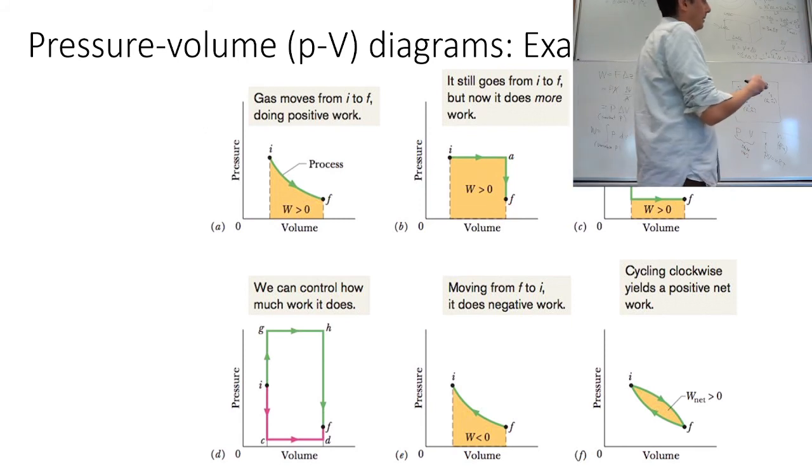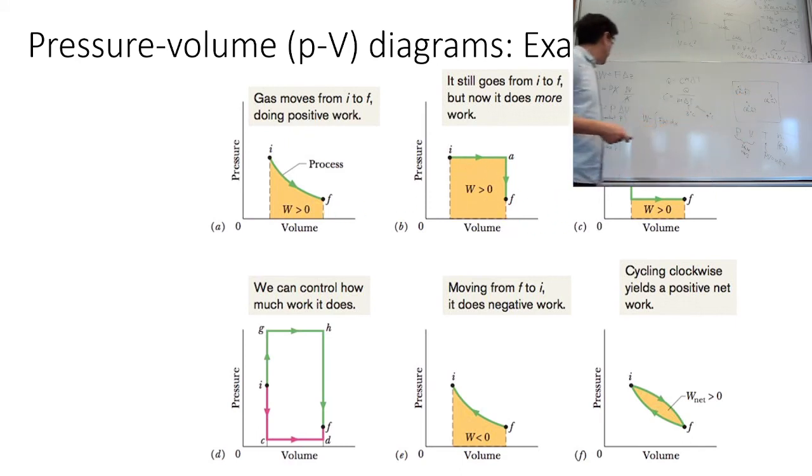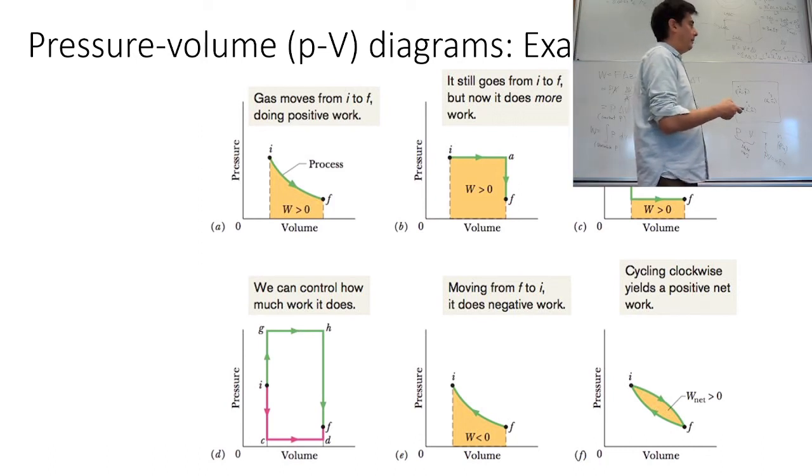You can go there by multiple routes, but because the work is related to the integral of the pressure over the volume, the gas will actually do different amounts of work, right?